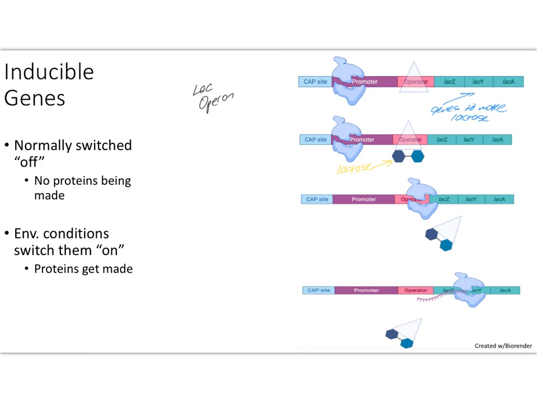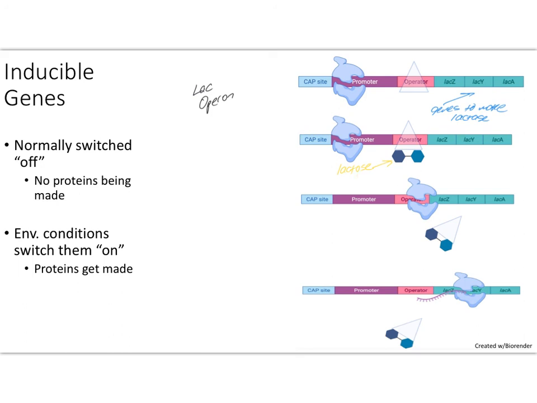And remember, with inducible genes, they are switched off until something in the environment causes them to switch on. In this case, that something in the environment would be lactose, a potential source of energy. Most of the time, this operon is switched off because it would be pointless to make lactase if there's no lactose available.